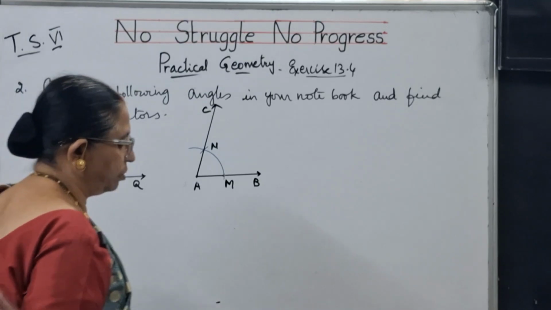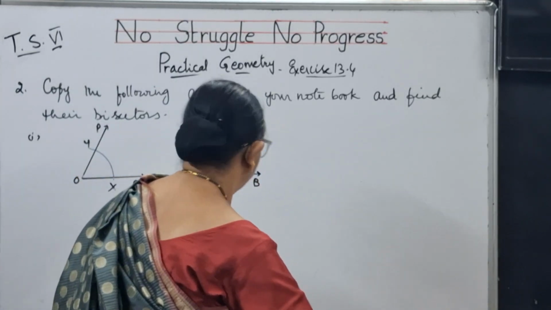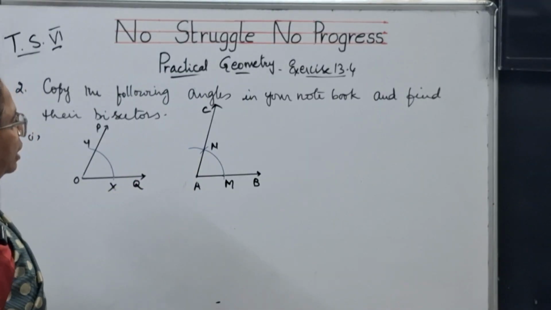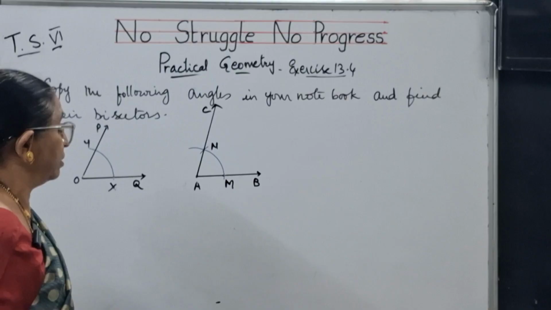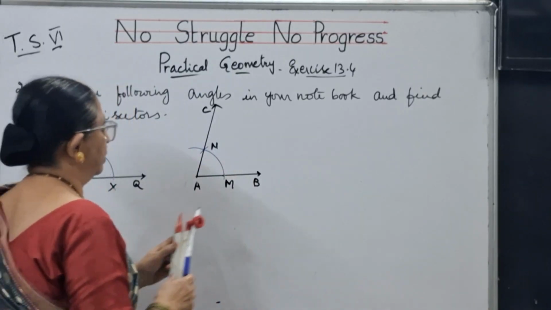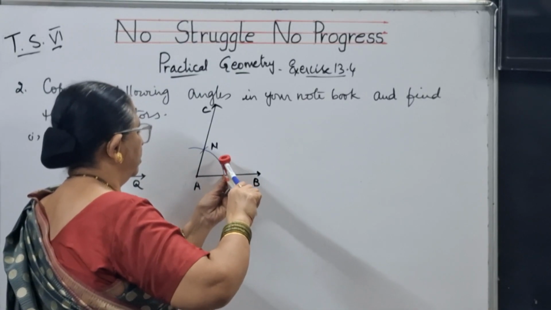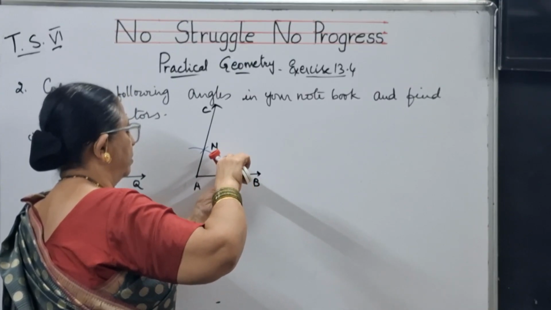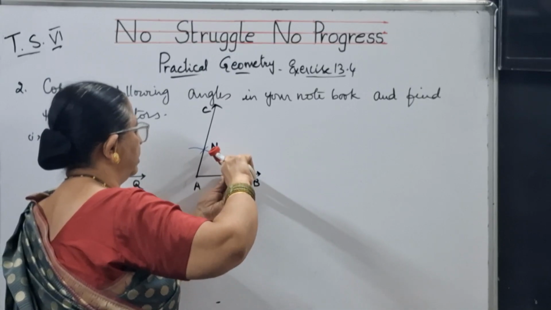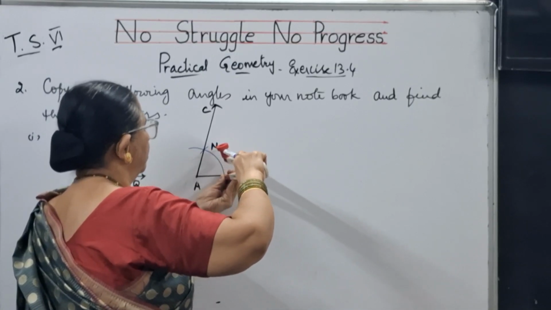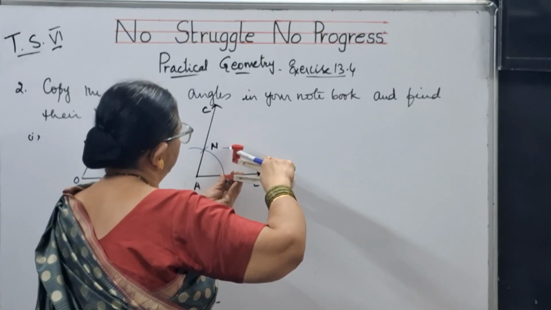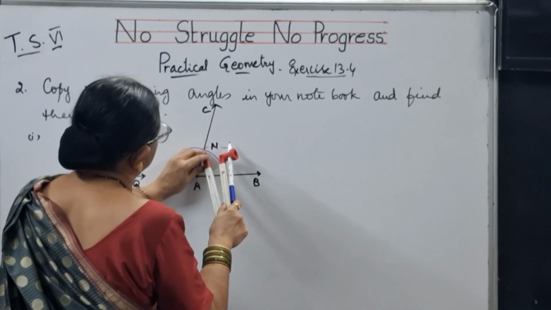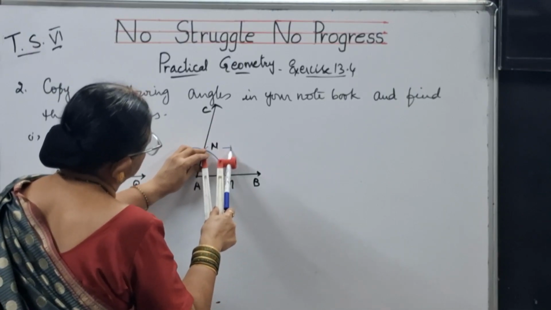Now I have to draw the bisector of this. I don't need to draw another arc as I said earlier for the bisector, because already the arc is there. M as a center, more than half of MN as radius, I should draw an arc here. With the same radius, N as a center, I should cut it.